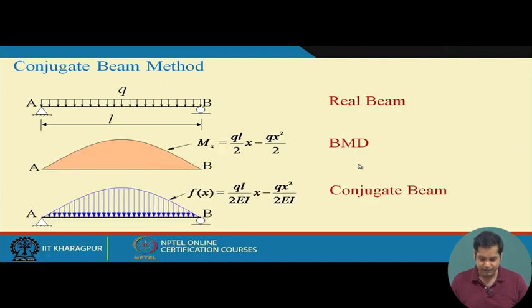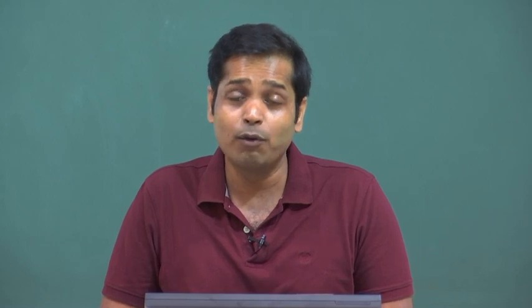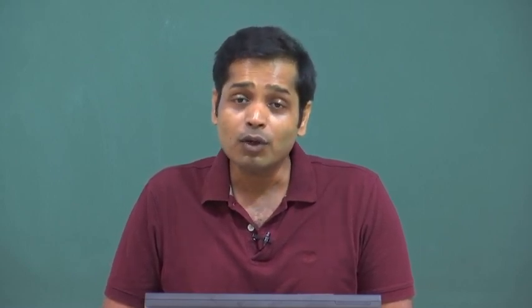So, this is the real beam, this is the bending moment diagram of the real beam, and this is the conjugate beam where the loading on the conjugate beam is replaced by curvature, or in this case the M by EI diagram of the real beam. In the last class we also said this is one part of the first step of forming a conjugate beam, but there are a few other things that need to be looked into while formulating a conjugate beam.